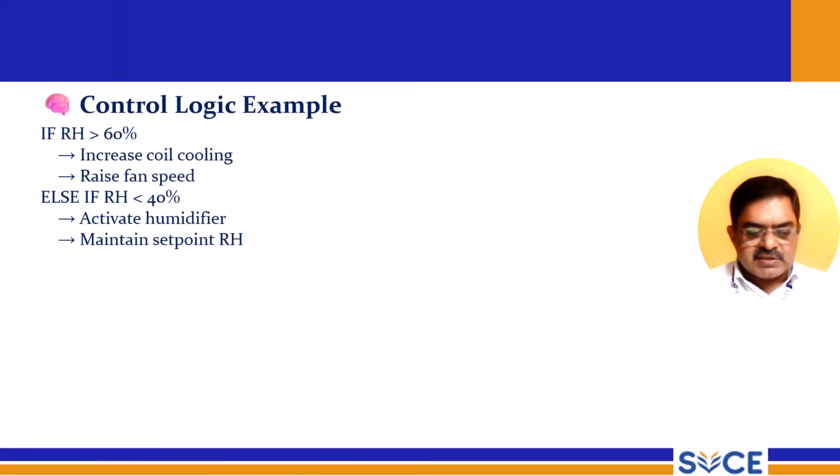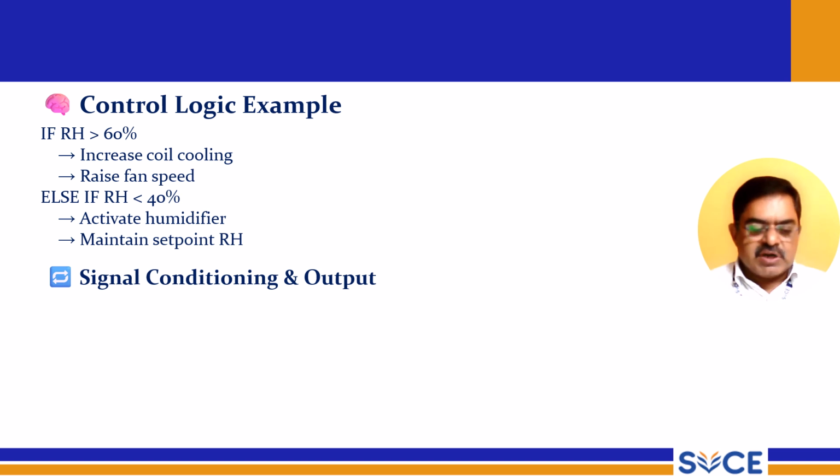The control logic example is: if RH is greater than 60 percent, increase coil cooling and raise fan speed, and if RH is lesser than 40, activate humidifier and maintain set point RH. So this is the control logic.